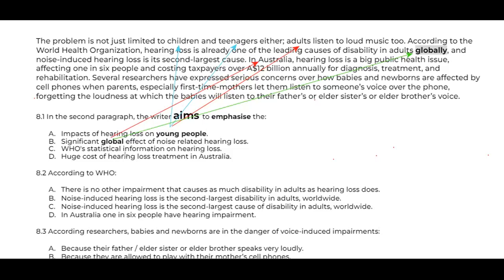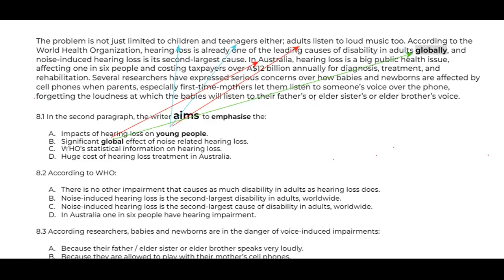Going to the third one, WHO's statistical information on hearing loss. Yes, of course, WHO is also involved here. Where is WHO? Yeah, World Health Organization is here. According to the World Health Organization, hearing loss is already one of the leading causes of disability in adults globally, and noise-induced hearing loss is its second largest cause.